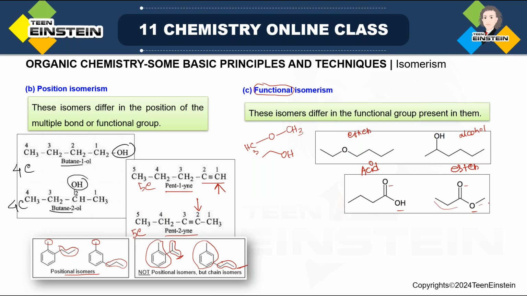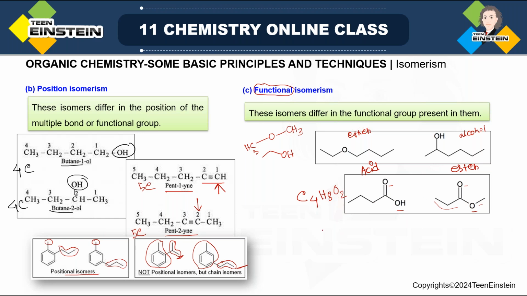Here 3 carbon on one side and 1 on the other. But the formula is the same: total 4 carbon, 8 hydrogen and O2. So C4H8O2, whether you consider this one or the ester molecule, the formula is the same. So ester and acid are two classes of compounds where you can find functional isomerism, that is common.